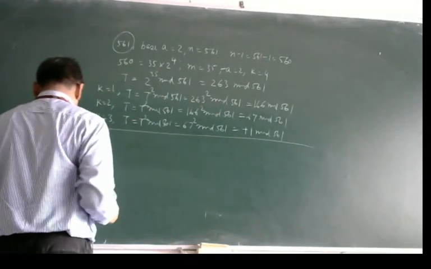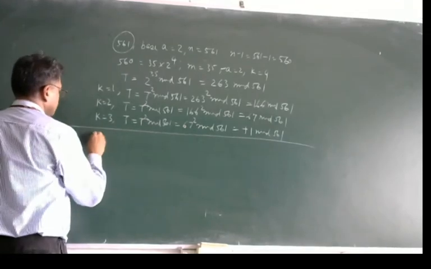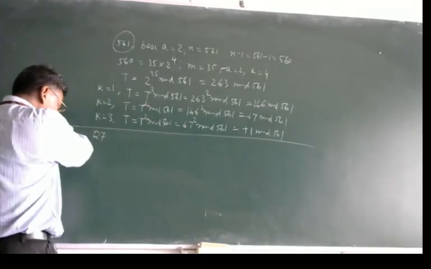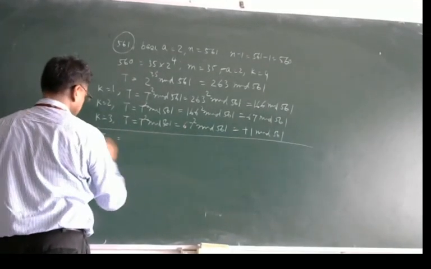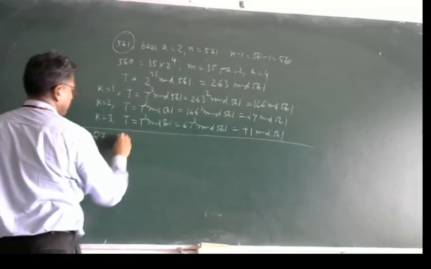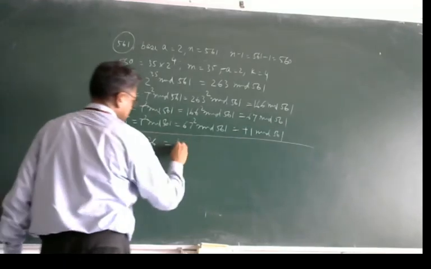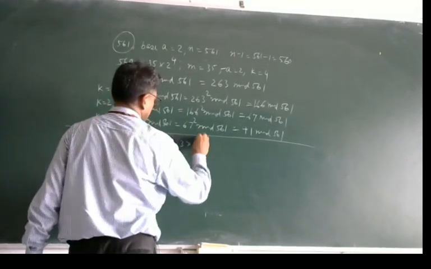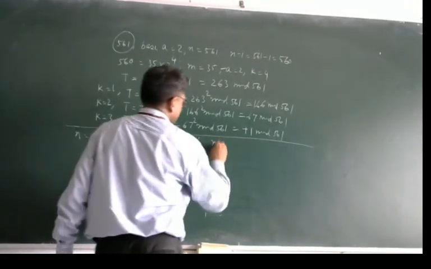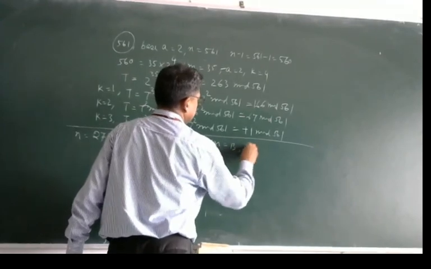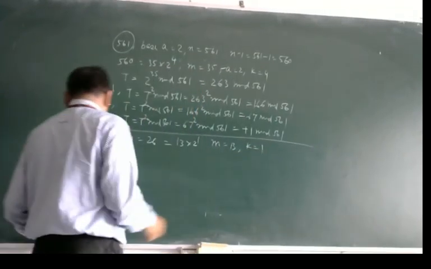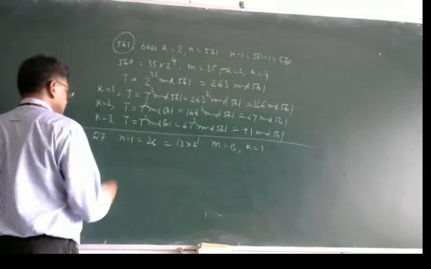Let us check for another number. Suppose for 27 we want to check. So 27 means it is n, so n minus 1 will be 26. So 26 can be considered as 13 into 2 to the power 1, where m is equal to 13 and k is equal to 1. So, if m is equal to 13, we have to go for the initialization process.